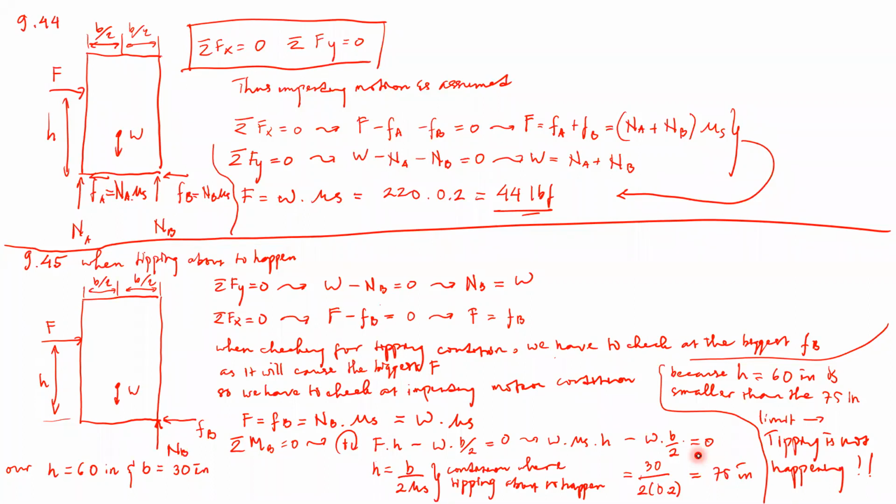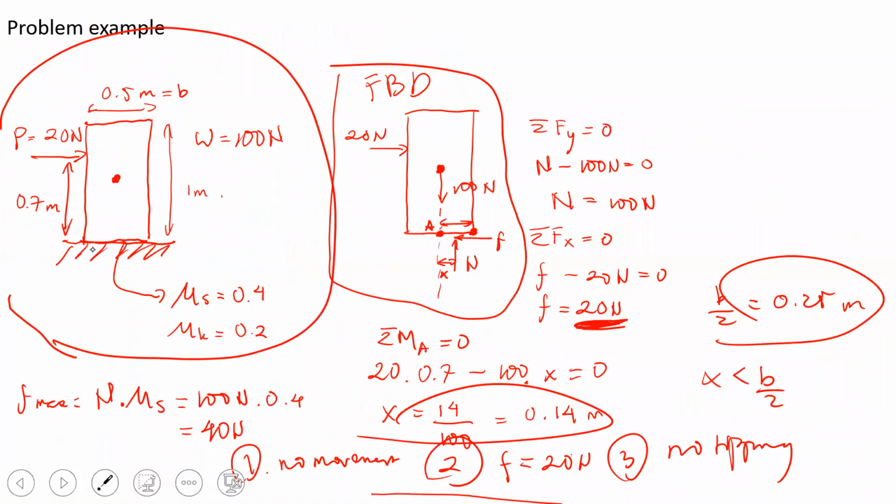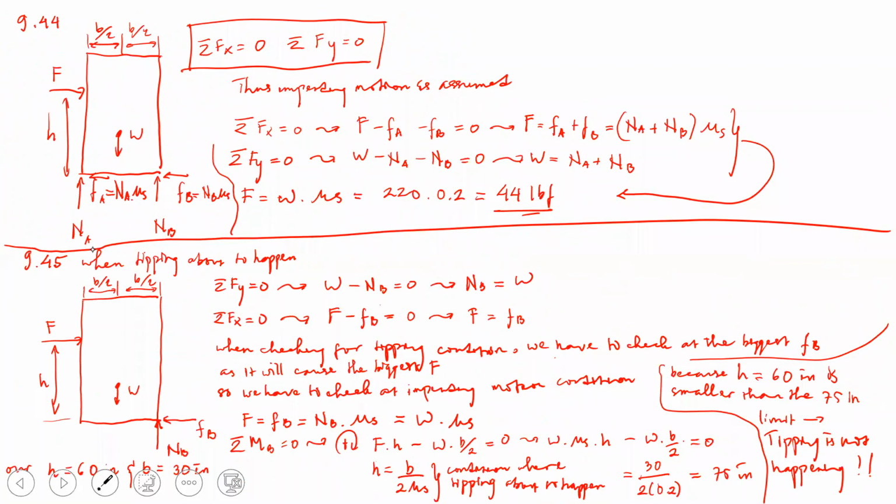Now we have to check our condition. The actual condition in our problem is H equal to 60 inch, from the problem here. Then the actual H, 60 inches, is less or bigger than 75 inches?